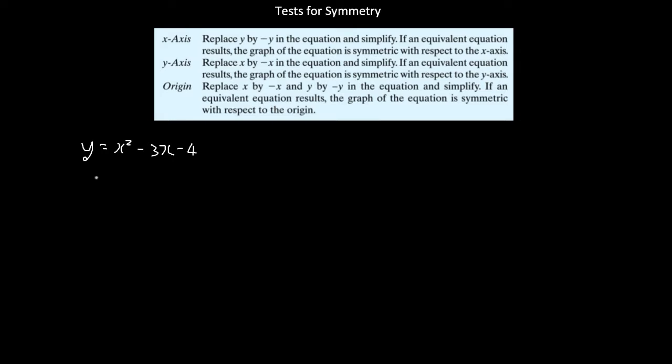Next example, y equals x to the power 2 minus 3x minus 4. First, we will check for the x-axis. Go back to the x-axis: replace y by negative y.